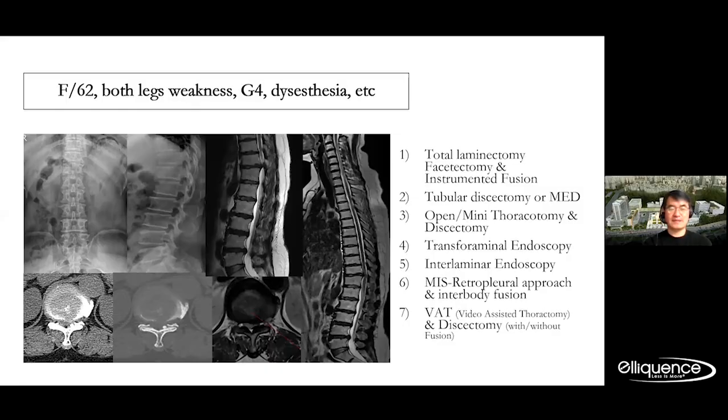Now, this patient has both leg weakness as well, grade 4. Female patient, the level is low thoracic as well. Right? There's a little bit of spinal stenosis, ligamentum flavum buckling as well, and also a little bit of kyphotic angle, right?